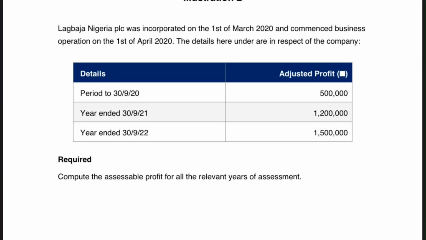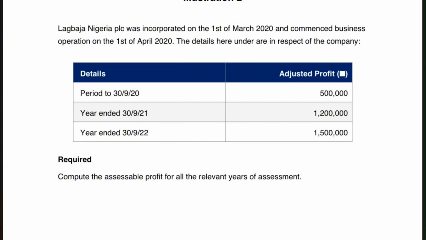Please, the year of incorporation is not important, just ignore it. You start from commencement, the date on which the business commences operation, which is the 1st of April 2020. That's our commencement year. The details herein are in respect of the company.